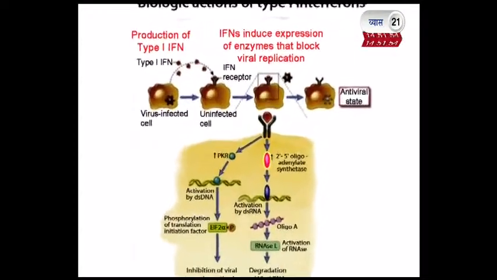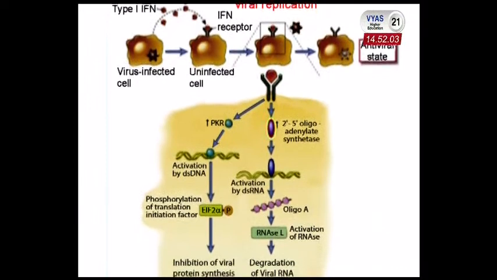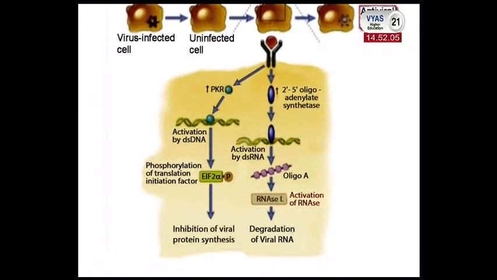One of these gene products is an enzyme 2'-5' oligoadenylate synthetase, or 2'-A synthetase, which activates a ribonuclease, RNase L, that degrades viral RNA. Other gene products also have roles in inhibiting viral replication.